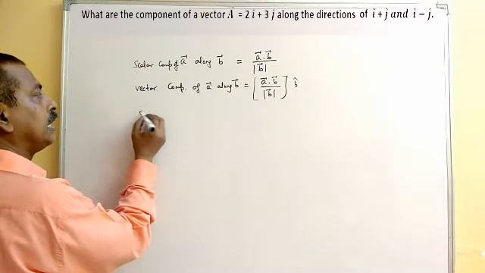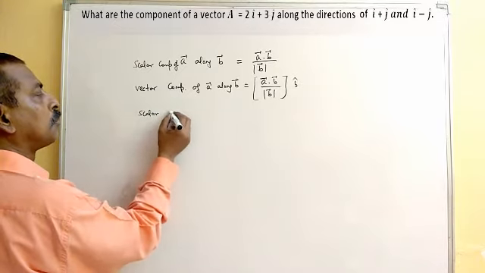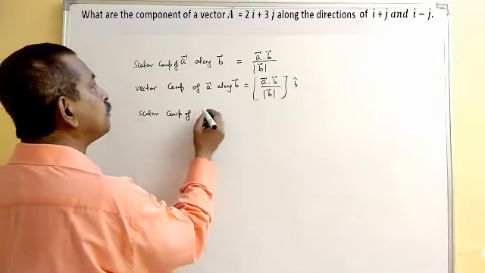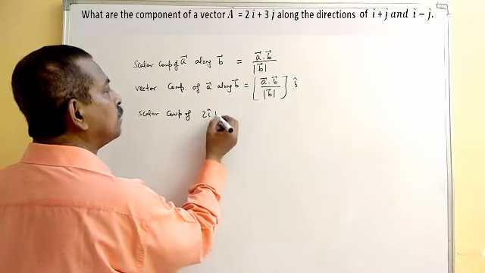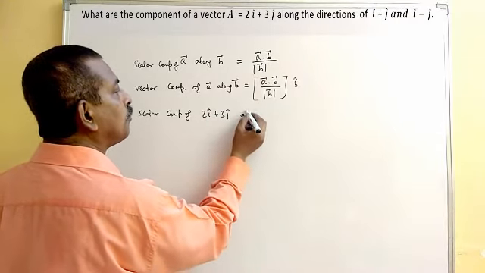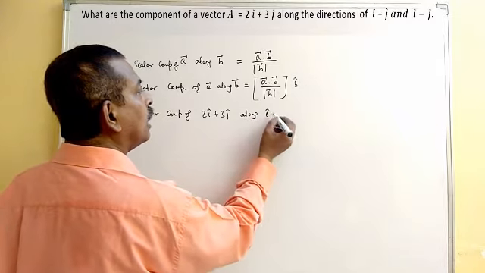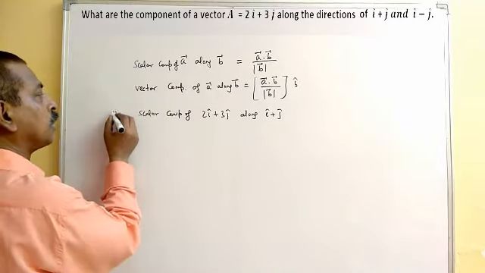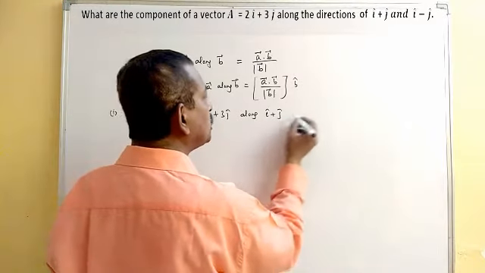So let's take the scalar component of 2i plus 3j along i plus j vector. So this will be how much?